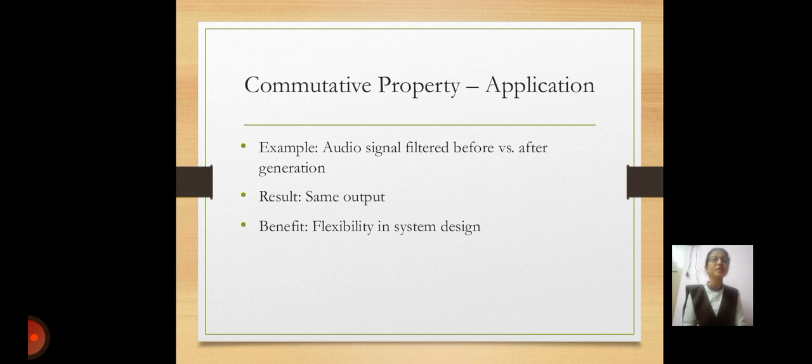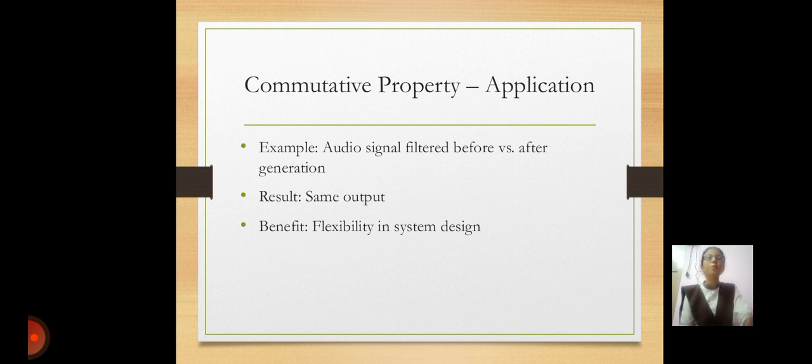This is especially useful in digital signal processing, and we can arrange the operations to optimize performance or simplify the implementation without affecting the output, because we will get the same output as the order of the convolution does not matter. The best benefit is flexibility in designing systems. We can implement any system easily.